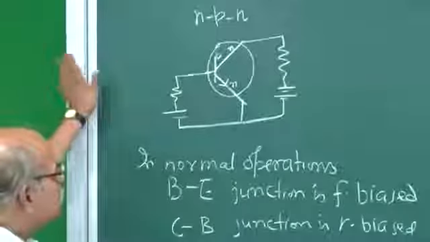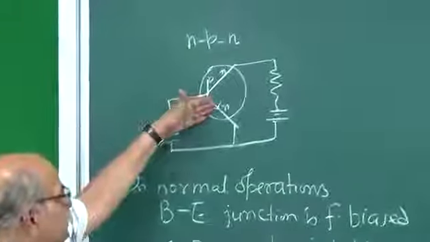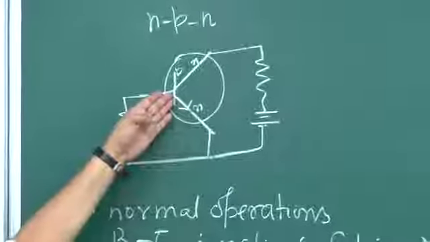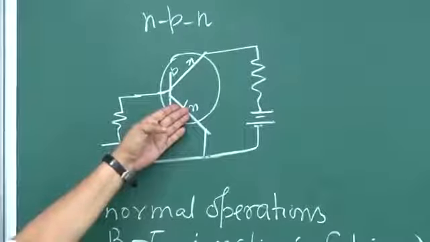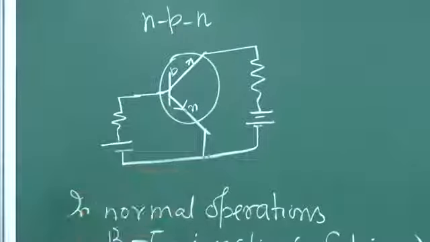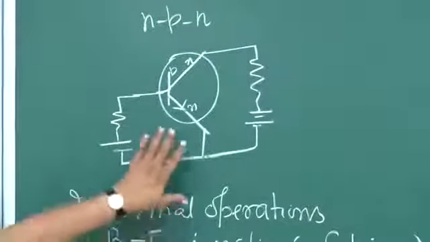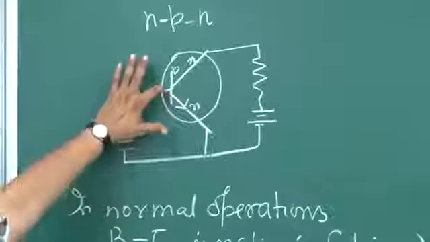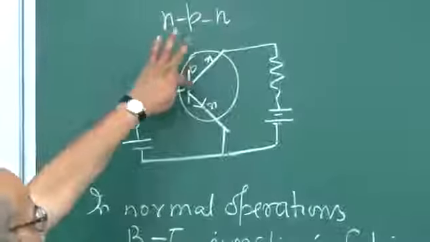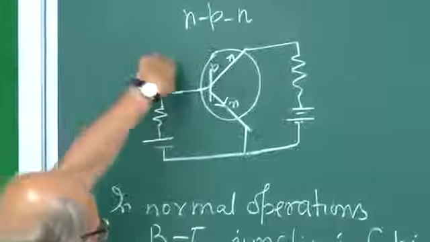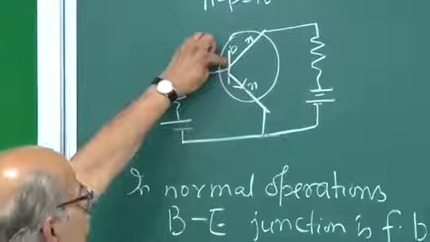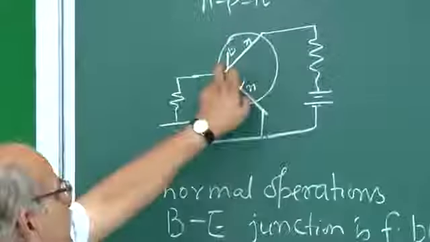So, what happens because of this forward bias, lot of electrons are injected from the emitter into the base, because this is heavily doped. Because of that large concentration, this carrier injection is also large, and those things go here, and this reverse bias junction draws those electrons, because that is a minority carrier here, and reverse bias attracts minority carriers.